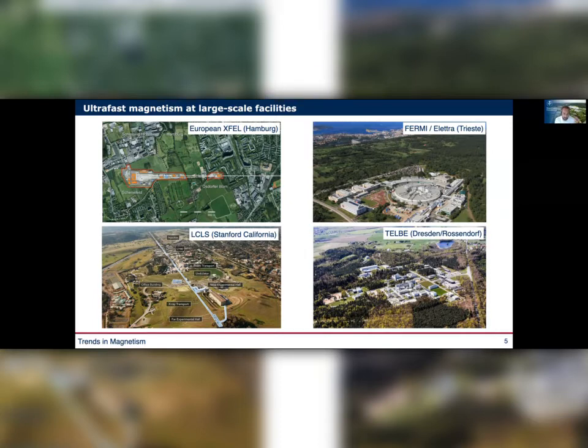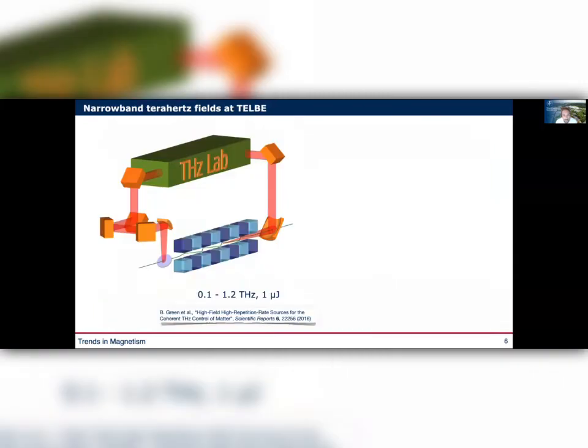And not only this, so the XFEL, Fermi, and LCLS are these X-ray machines, but there has also been a recent development of electron-based, or accelerator-based, sources of terahertz radiation. And the work I'm going to talk about has made use of the terahertz radiation generated at TELBE, which is an accelerator-based source. What this source does is create relativistic electrons at an energy, of course, lower than the electrons you need to create X-rays.